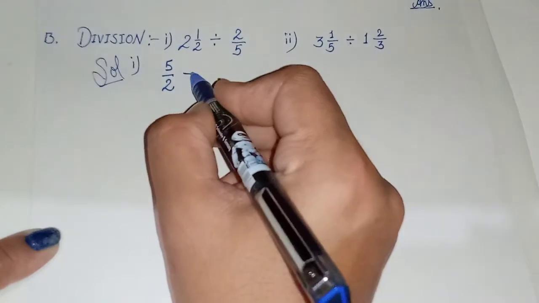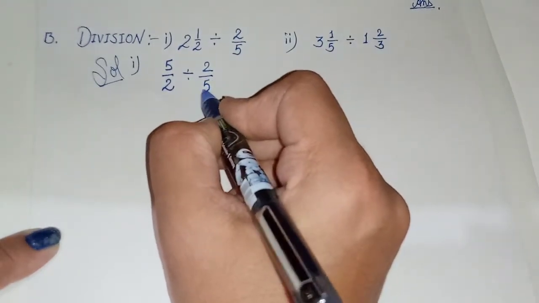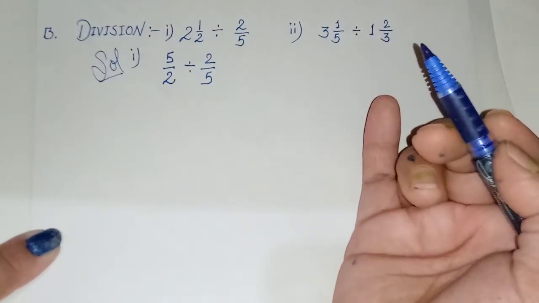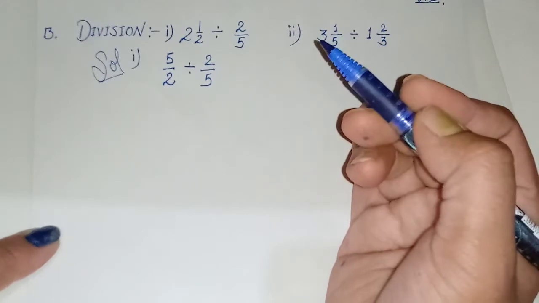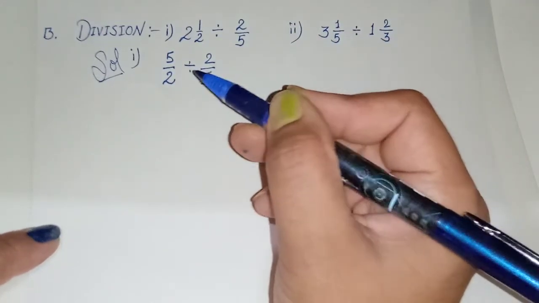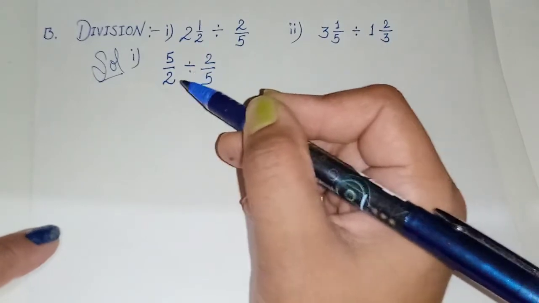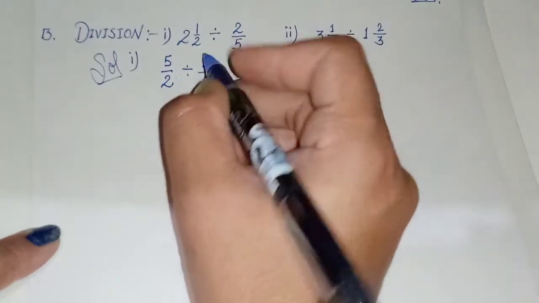Divided by 2 upon 5. So we have converted the question into a simpler manner, right? After that, what to do? The very first thing is that you will convert this question of divide into a question of multiply. That will be easier for you to solve. How can it be done?